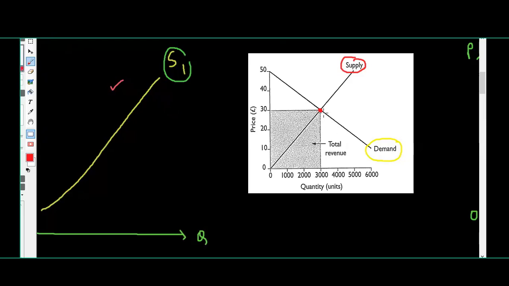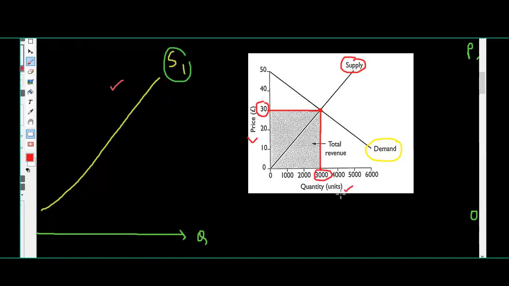From that point, we can find that this is our equilibrium price. At equilibrium, the price existing in the market, 30 pounds, is the equilibrium price. And the quantity at that point is 3,000 units. So that is the equilibrium quantity. So the equilibrium point gives us two different things. One is the equilibrium price, another is the equilibrium quantity.